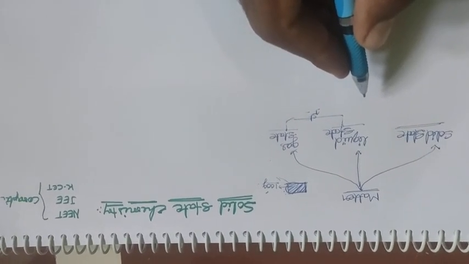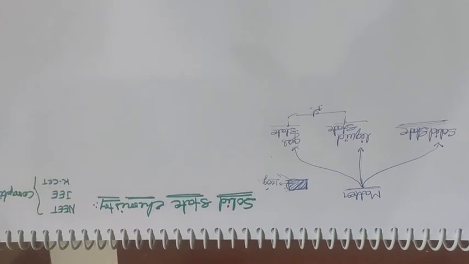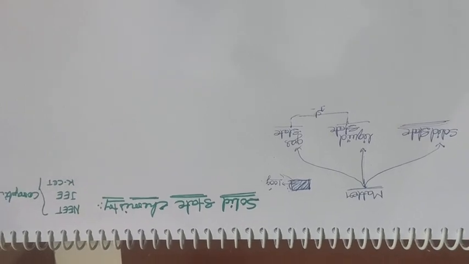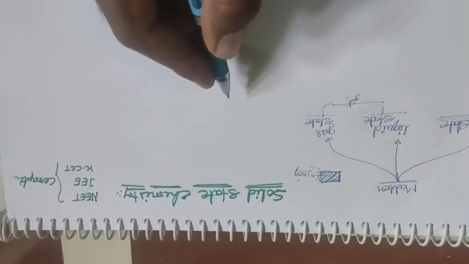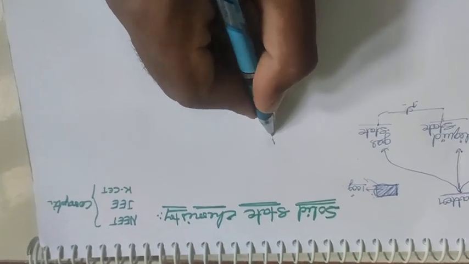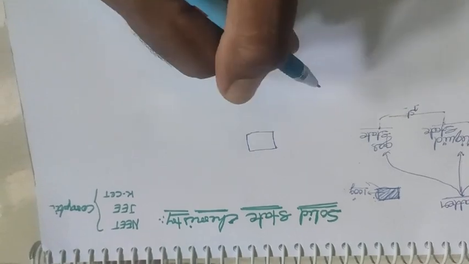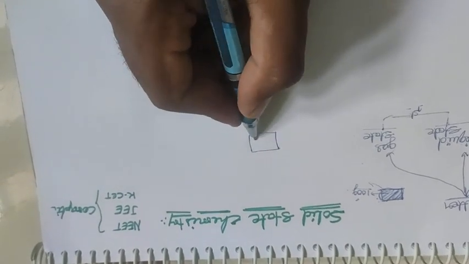Next, solid state. What is meant by solids? The solids have definite mass and volume.